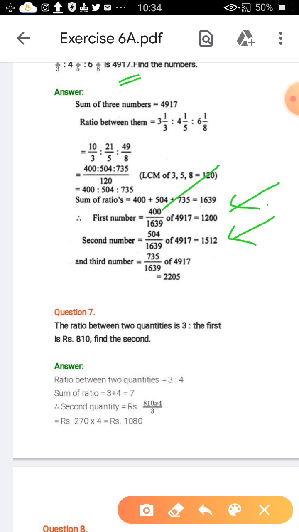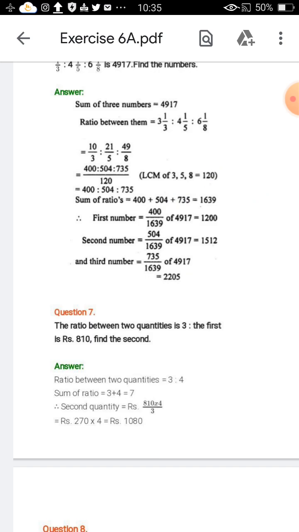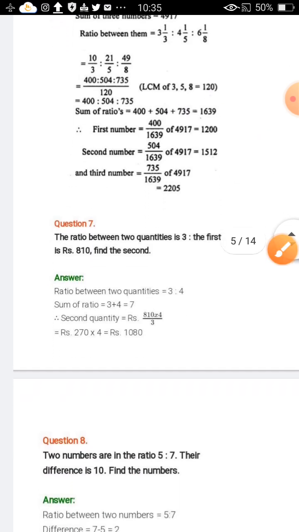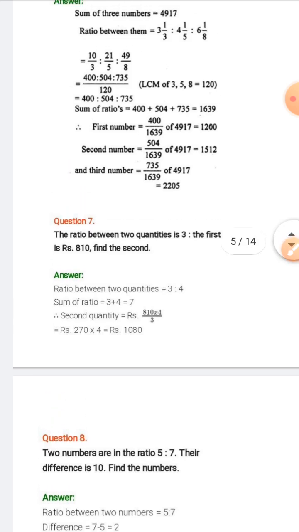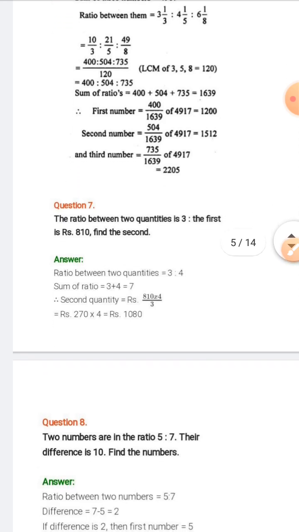Then the third number, 735 upon 1639 multiplied by 4917. After doing the calculation, what number will you get? 1205. Now, when you are doing the calculations, you can pause the video and do the rough calculations on a rough page or on a slate.